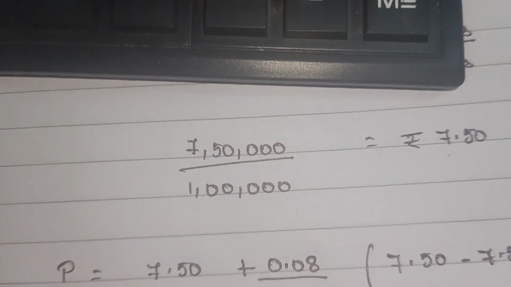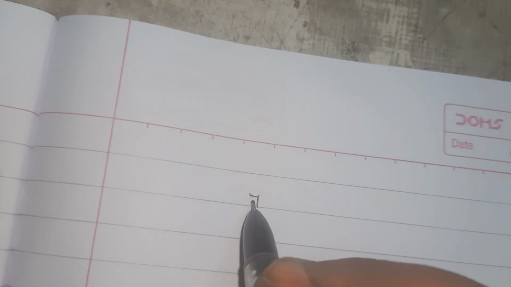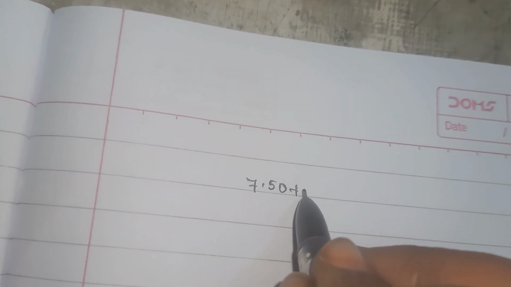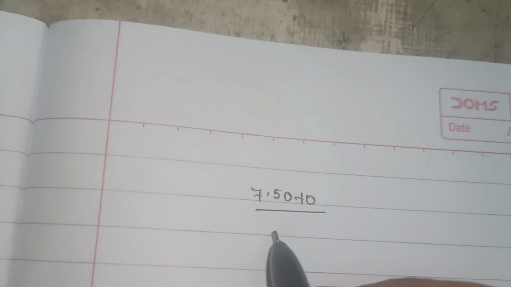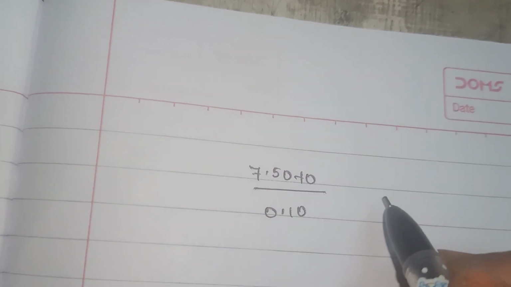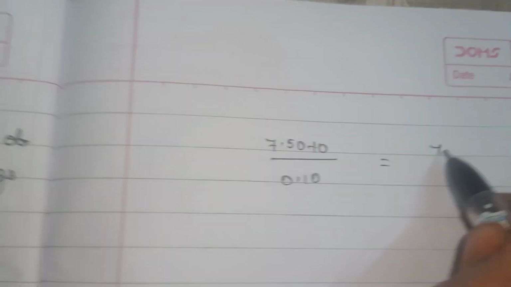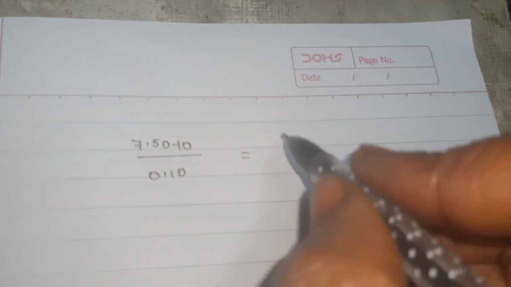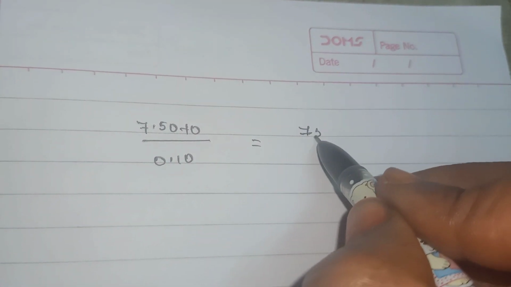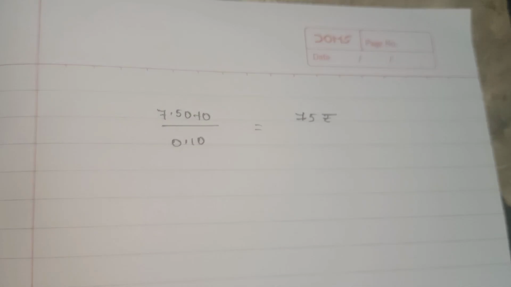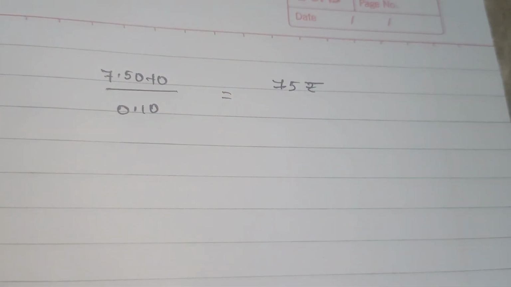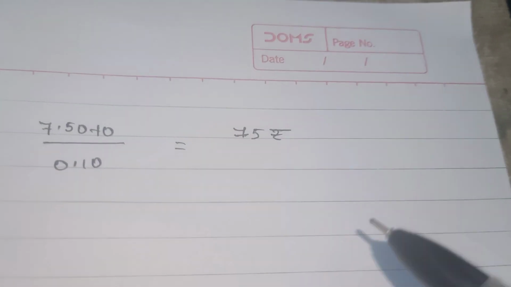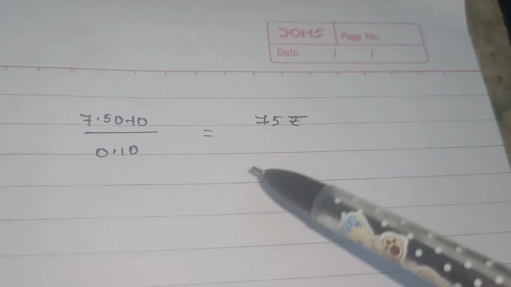Now what we have here is 7.50 plus 0, divided by 0.10. This is equal to 75 rupees. Before seeing this video, I gave the formula and some notes in another video.